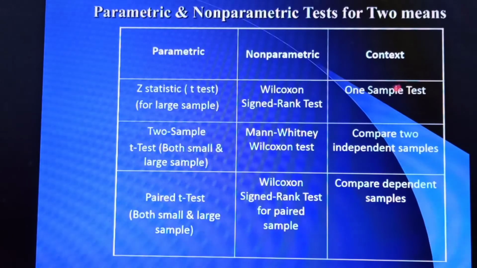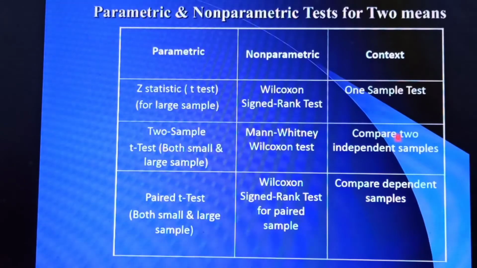If the context is a one sample test, the Z statistic has as its equivalent the Wilcoxon signed rank test. When the population standard deviation is not known, the variance is not known, which is obviously the case in most practical situations, a t-test is done.